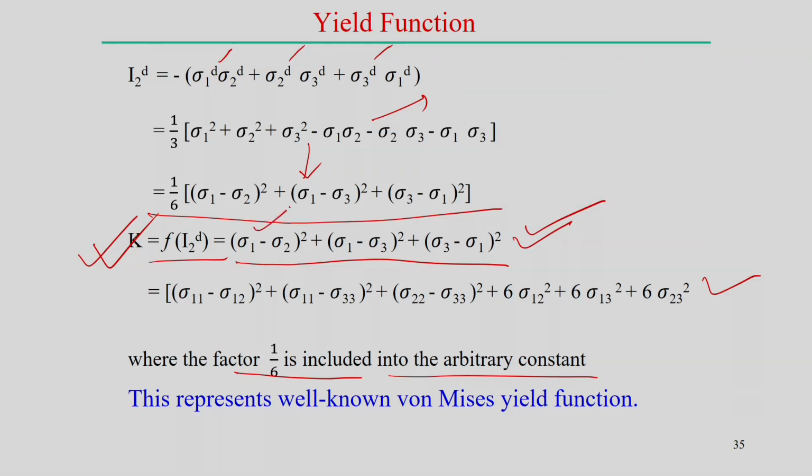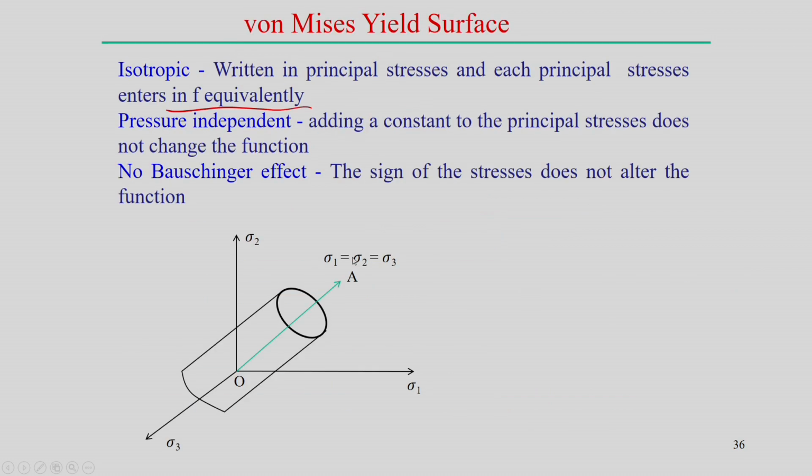All components sigma 1, sigma 2, sigma 1, sigma 3 and sigma 2, sigma 1 enter equivalently, so it validates the isotropic material properties. Pressure independence means mathematically that adding a constant term to the principal stresses does not change the functional form.